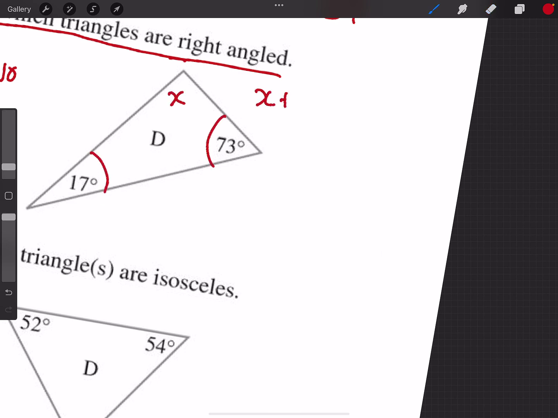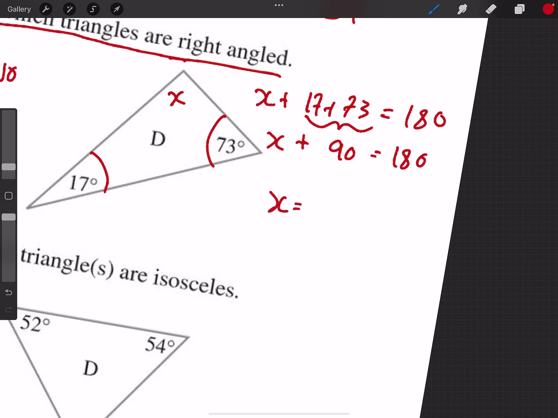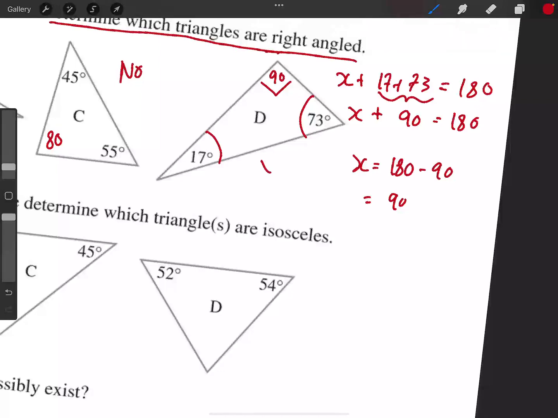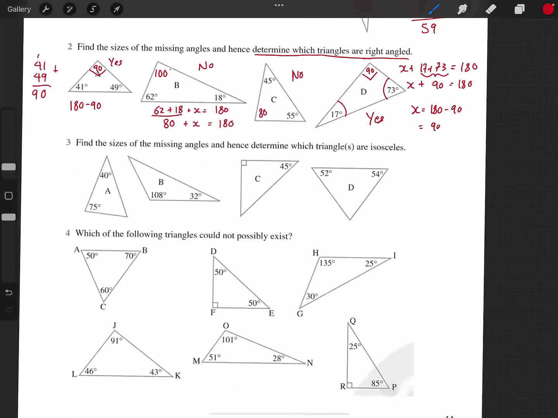So x plus 17 plus 73 equals 180. So you have x plus, this is 90 degrees, equal to 180. So therefore x is equal to 180 take away 90, which gives me 90. So therefore this is 90 degrees, which means it's a right angled triangle. So therefore, yes, this is a right angled triangle.